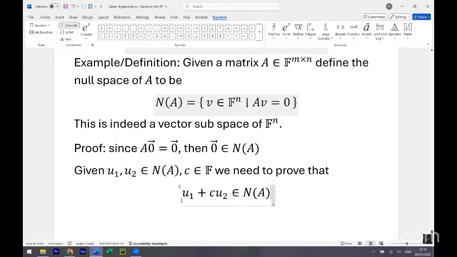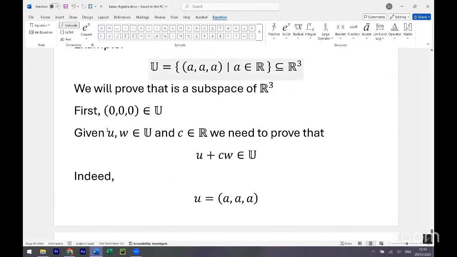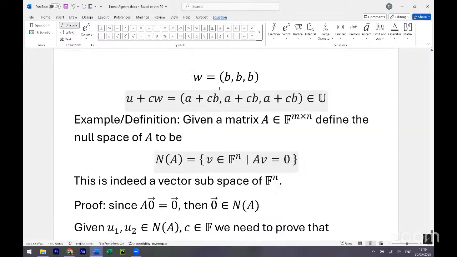Do you remember? Because it's a homogeneous system, summing whatever two homogeneous systems will give you a homogeneous system. That's true, but I want to prove it. So what is the next step? I'll remind you. First I'm saying given, then I need to think what does this data tell us.